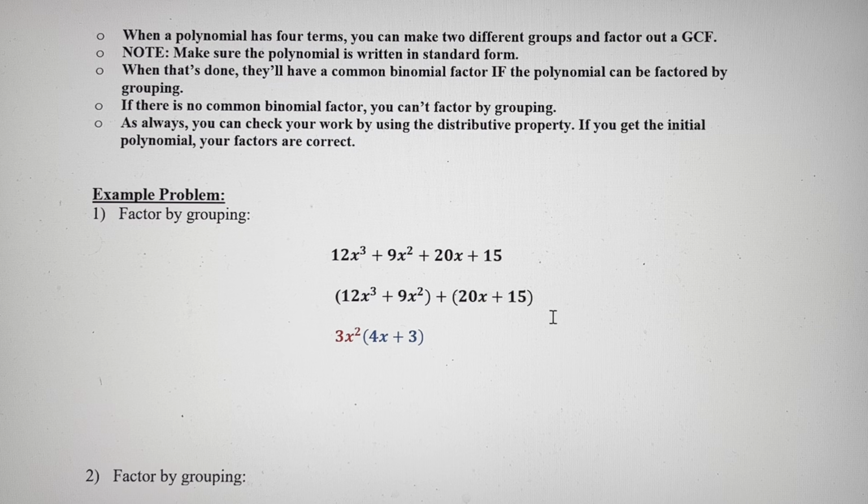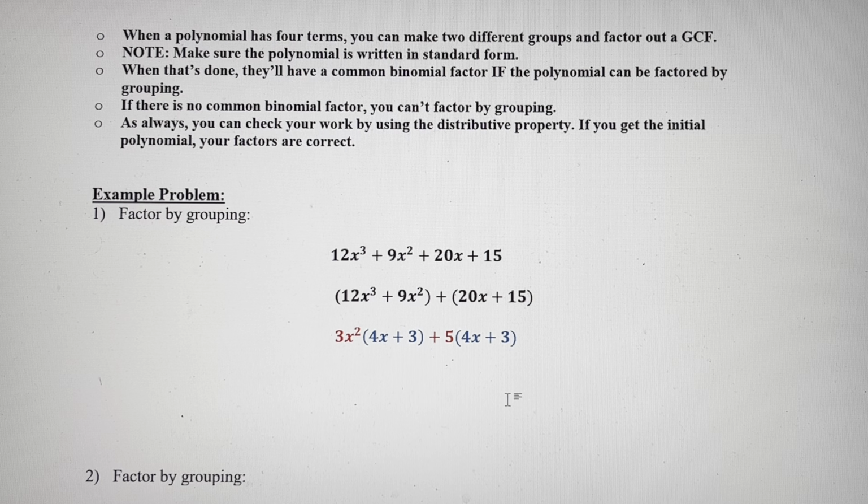All right. The second set of terms here, the second pair, 20x and 15, both divisible by 5. So when I divide 20x by 5, I get 4x. When I divide 15 by 5, I get 3. Okay, and notice I've got my common binomial factor, 4x plus 3. So I'm going to write my answer here as the product of 2 binomials. I'm going to group the ones in red here.